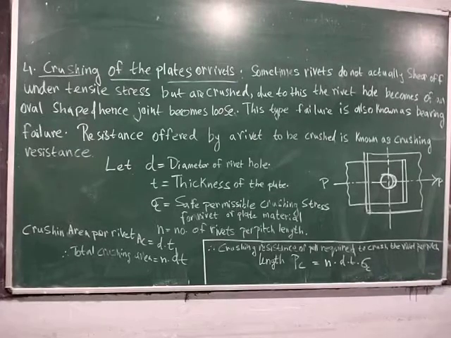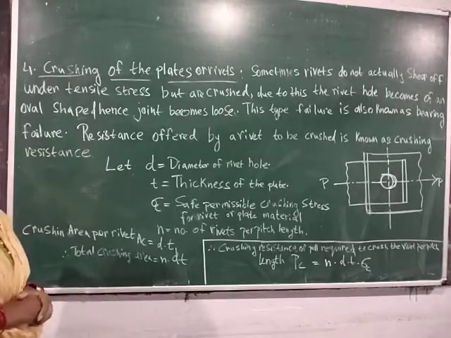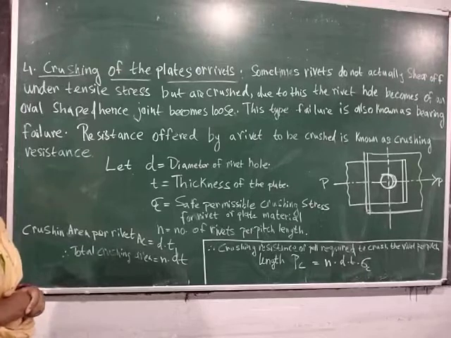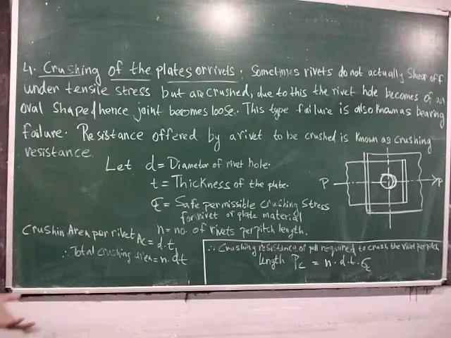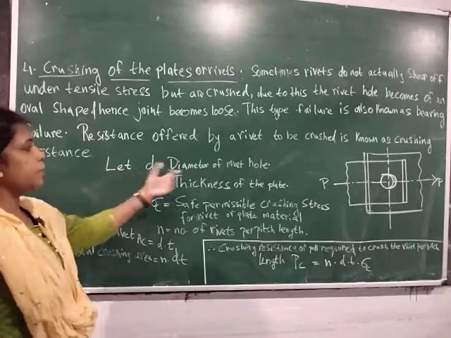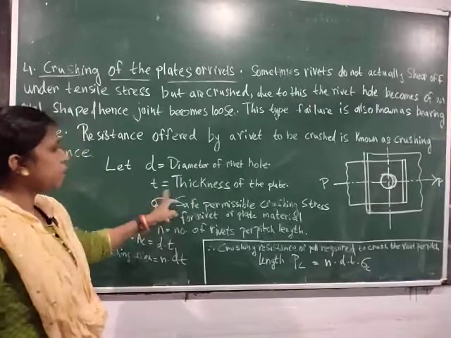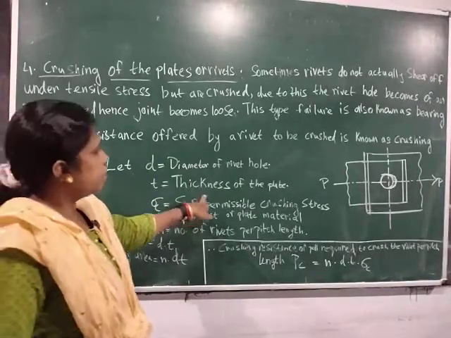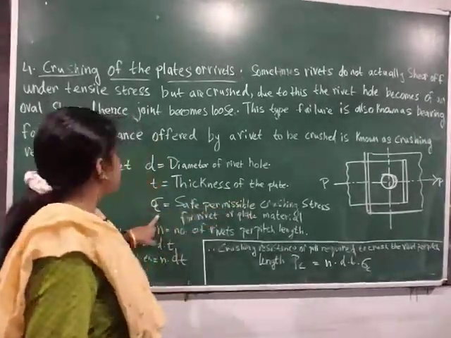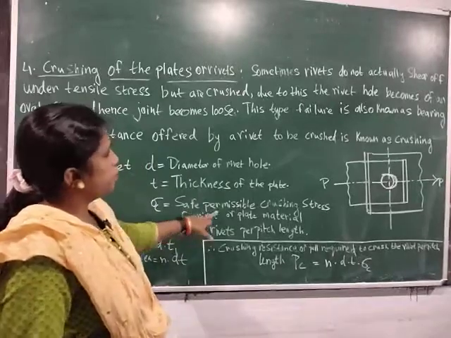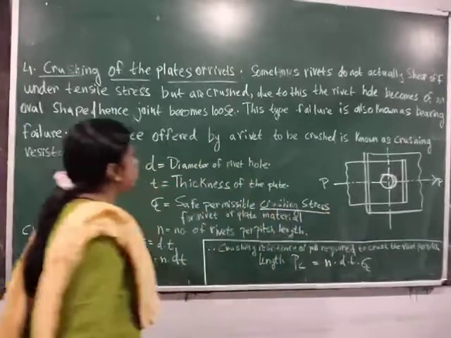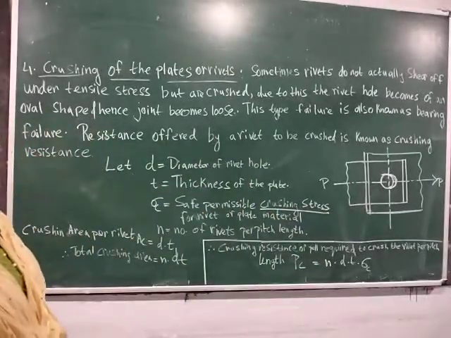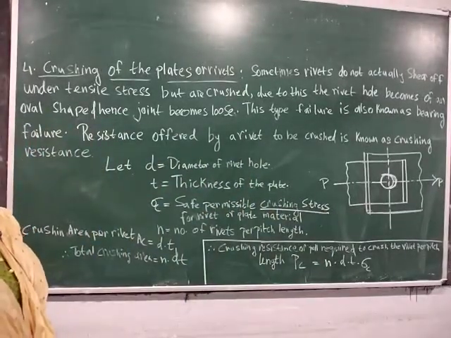Next, resistance offered by a rivet to be crushed is known as crushing resistance, or crushing strength, or crushing value. So, let us see once again. D is the diameter of rivet hole, T is the thickness of the plate. Next, sigma C is the safe permissible crushing stress for rivet or plate material.